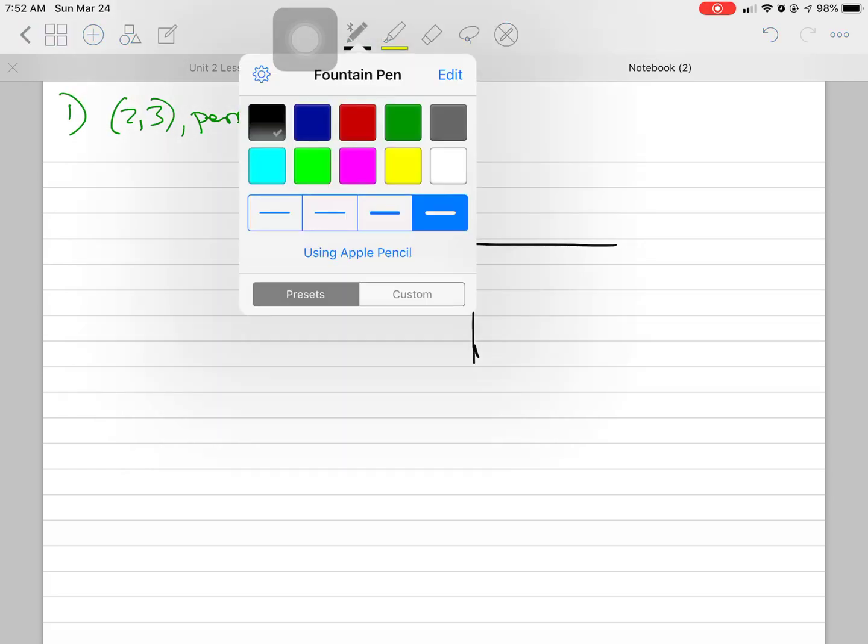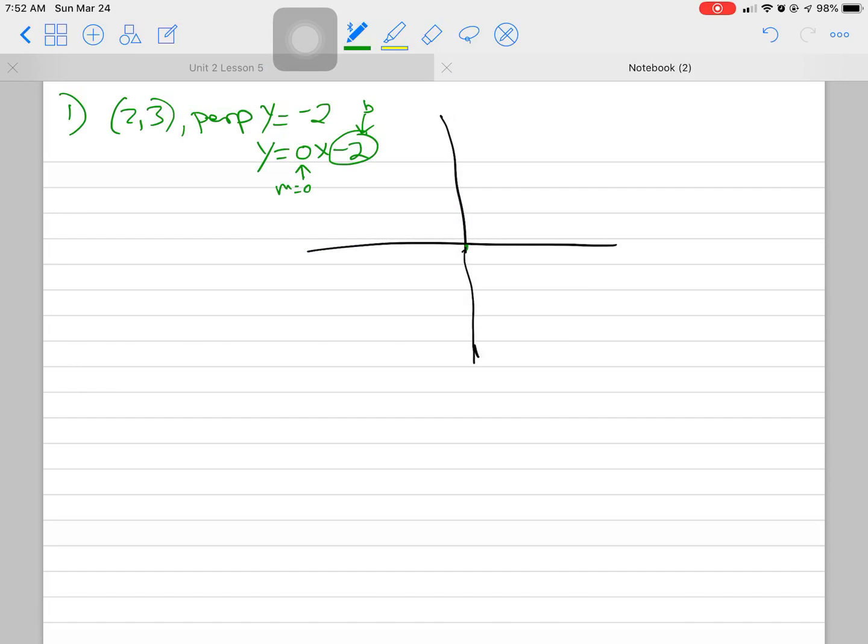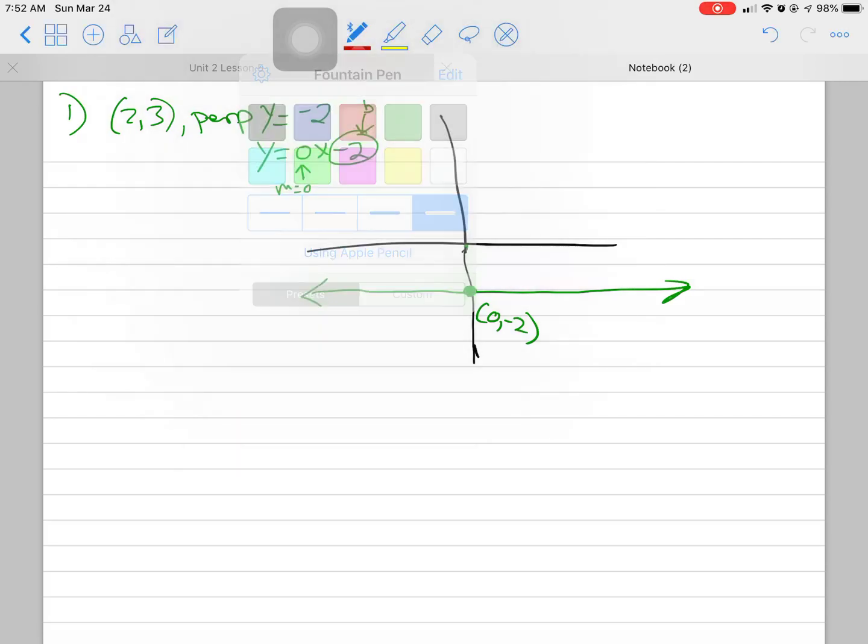All right, so let's assume 1, 2 right here, and right there that is 0, -2. Okay? So that line, if it was a 0 slope, it's going straight through it this way. We agree with that? All right, now it needs to be perpendicular to it. That means something's going to be coming down.